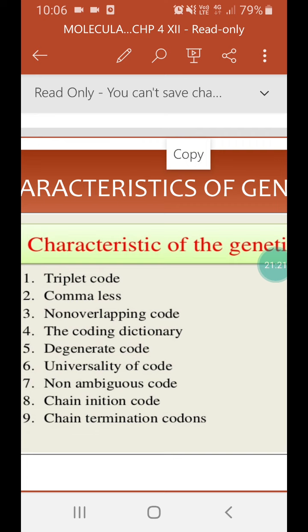But it is not so. The actual types of transfer RNA are much less than 61. So it indicates that the anticodon of transfer RNA can read 2 or more codons on mRNA. Therefore there are much fewer than 61 transfer RNAs. So these are the characteristics of the genetic code.